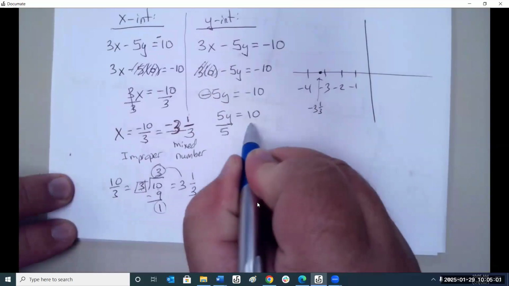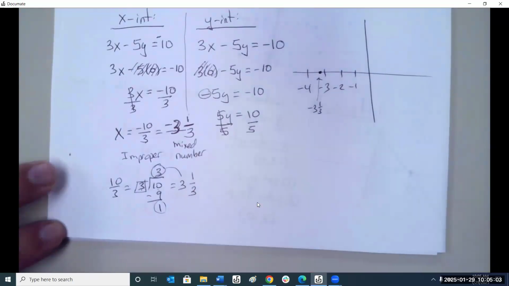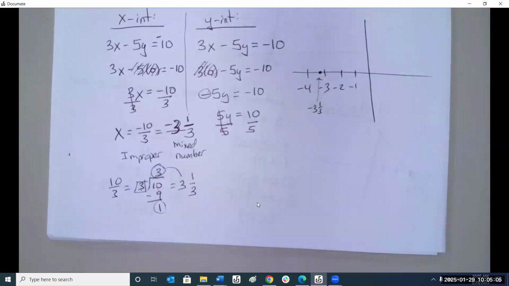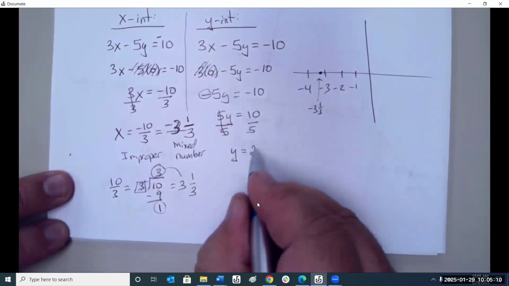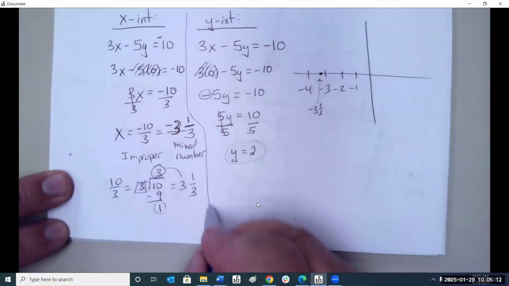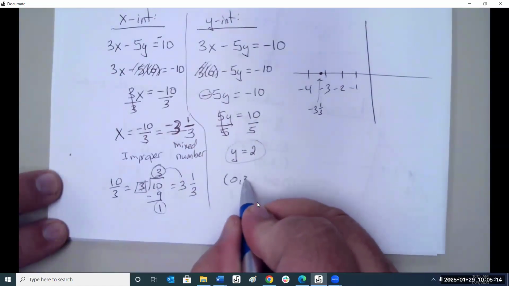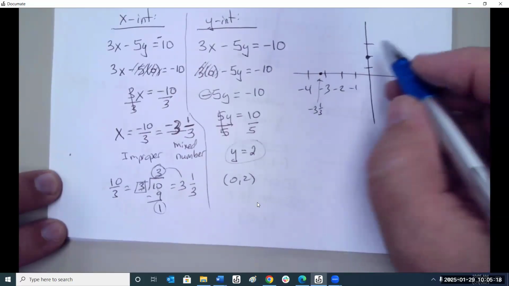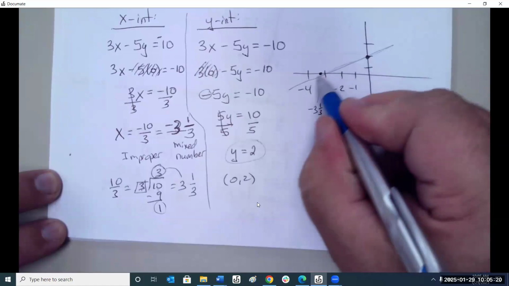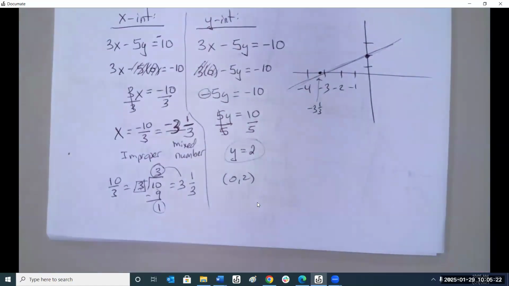Now we could just divide by 5. We don't have to worry about negative signs anymore. 10 divided by 5 is 2. So approximately there is your graph.